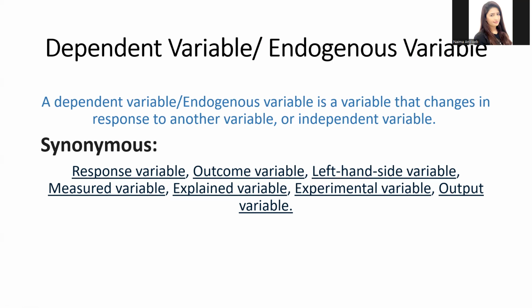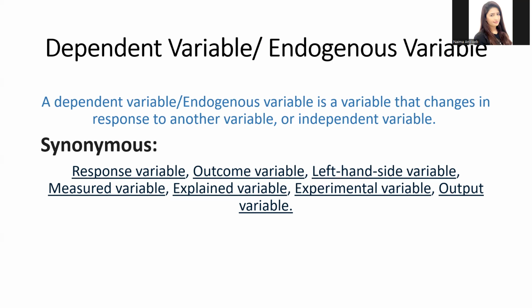Response variable, outcome variable, left-hand side variable, measured variable, explained variable, experimental variable, output variable. You can also use the word input variable for an independent variable, and whatever comes out in response is called output.